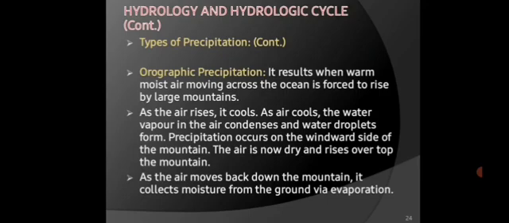As the air rises, it cools. As air cools, the water vapor in the air condenses and water droplets form. Precipitation occurs on the windward side of the mountain. The air is now dry and rises over the top of the mountain. As the air moves back down the mountain, it collects moisture from the ground via evaporation.